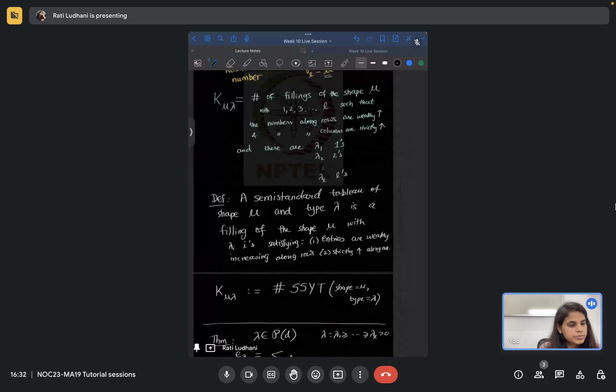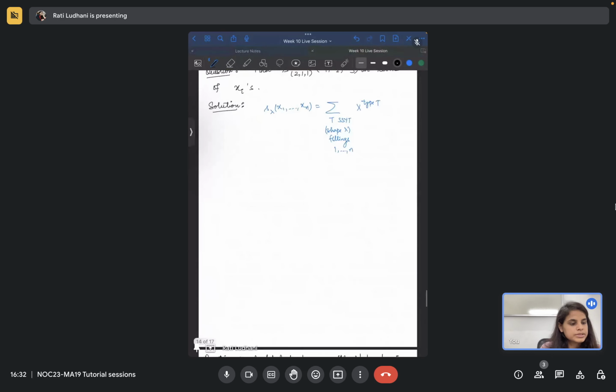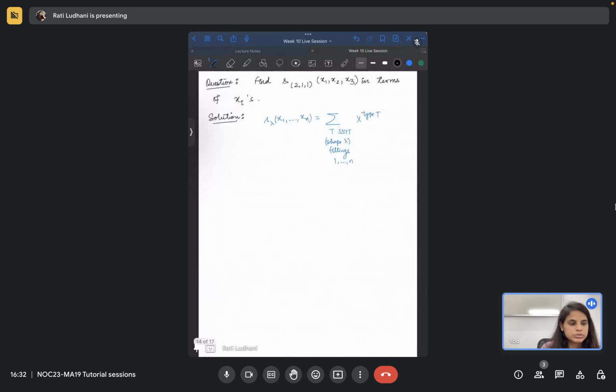So this is the form: you need to find the symmetric Schur polynomial with lambda equal to 2 1 1 with x1, x2, x3, in terms of x. Again the same thing. If you do it for m, these are the same things, nothing new, but I'll try to explain how exactly.